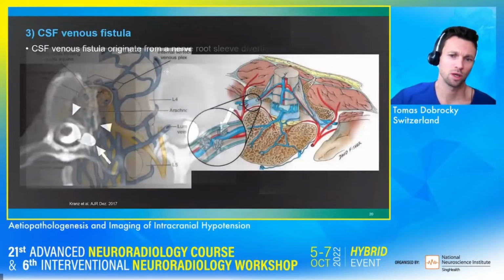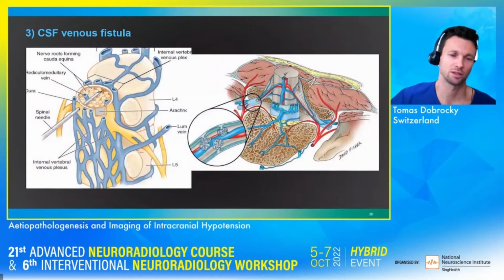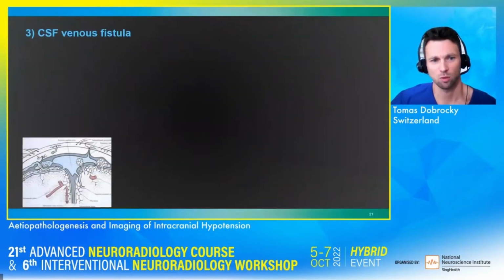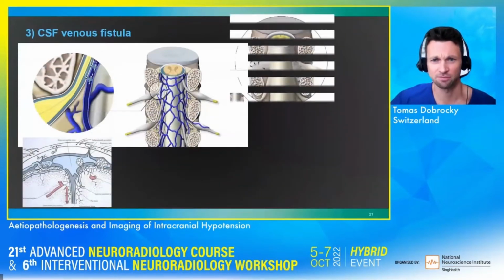So usually we all are aware of granulations in the transverse sinus that are important for CSF resorption. The same granulations, or very similar structures, have been demonstrated on nerve root cysts. Histologically, there are granulations on nerve root cysts, and they are important for the CSF resorption in the spine. What happens in patients with a CSF venous fistula?